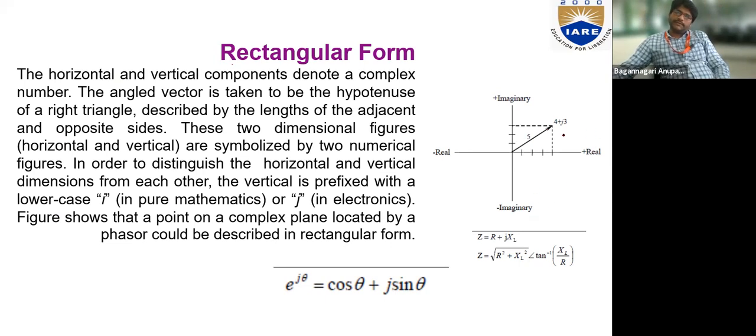Suppose I want to give a value of 4 plus j3, what does it indicate? In general, the rectangular form of representation, I can write as z is equal to a plus jb, where a and b are some values.